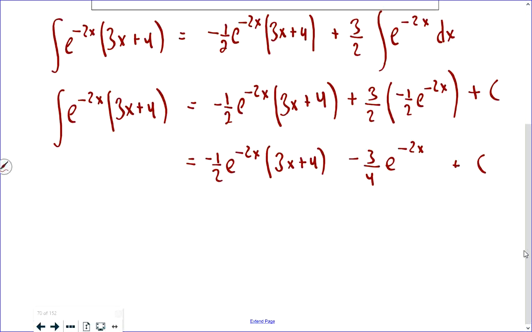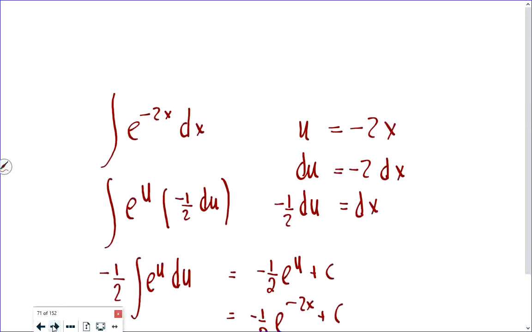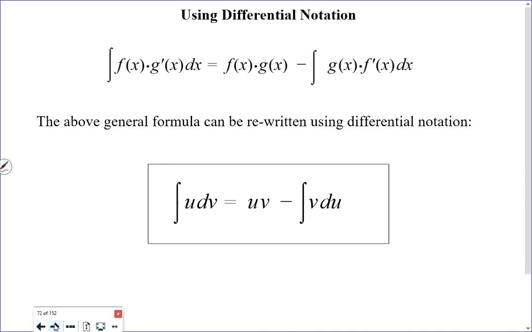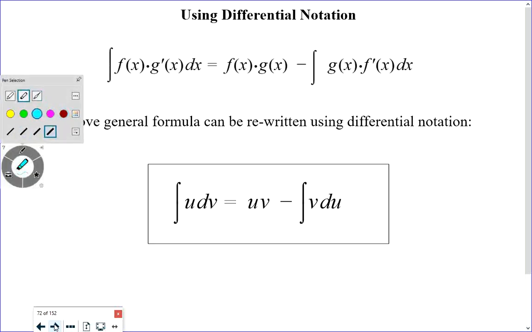Well, I want to move us away from this f of x, g prime of x nonsense. It's not nonsense. There's a cleaner approach. And it's, instead of saying the integral of f of x, g prime of x, we say the integral of u dv. So our u in this notation is f of x.